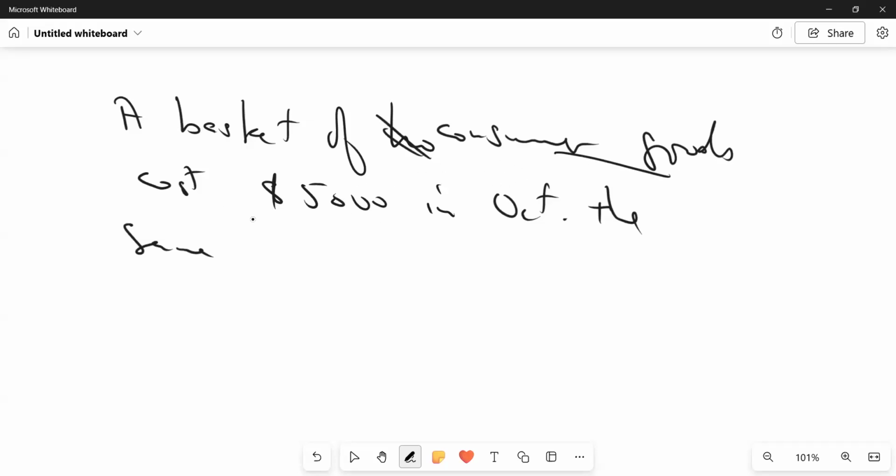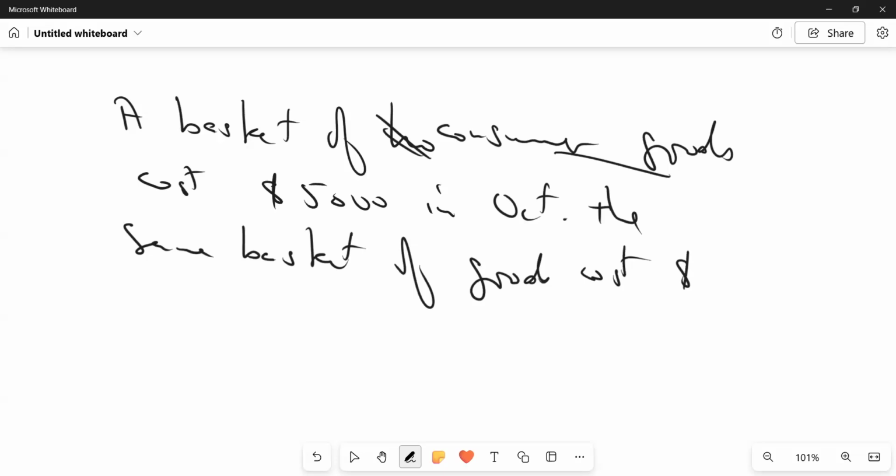Whatever is in the first basket, the same basket of goods costs $8,000 in November.